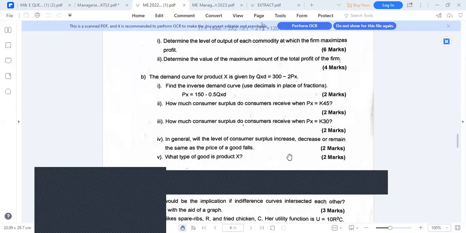You should be able to say it increases. Increase. Okay. So what type of good is good X? It's a normal good.